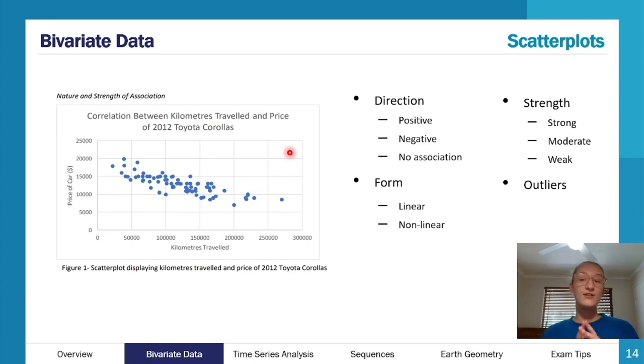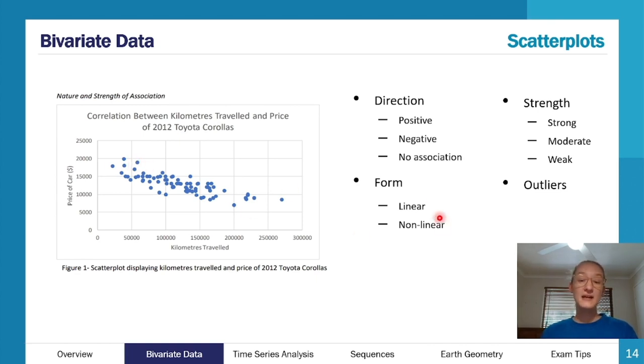So whenever you're discussing a scatter plot, we're thinking direction, form, strength, and outliers. Direction, I've decided it's negative. Form, linear or non-linear. Linear means it's forming a linear pattern, like a straight line. Whereas non-linear could be curving, or changing directions, anything that's not in a straight line.